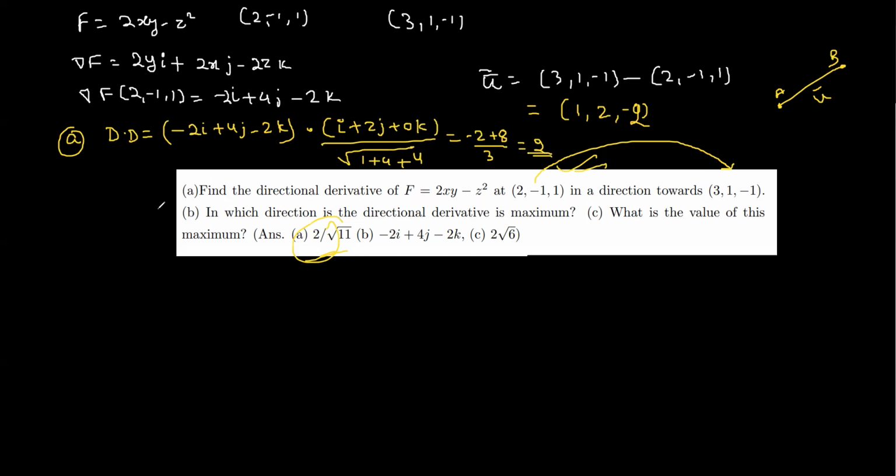Whenever you are asked to find the maximum directional derivative, this is the formula. Maximum directional derivative will be, whatever you have, grad f, take its modulus. Modulus means it will be the maximum value. But here, in which direction?